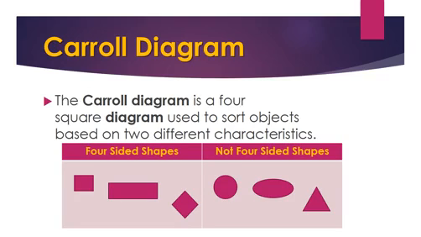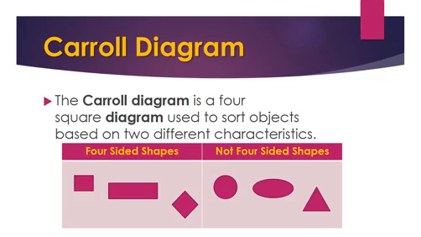Okay, remember the shapes that we had before, kids? This time, in my first group are the four-sided shapes. While on the second group, on the right side, are the not four-sided shapes, or non-four-sided shapes. For the four-sided shapes, we have the square, the rectangle, and the diamond. Do these shapes have the same number of sides, kids?